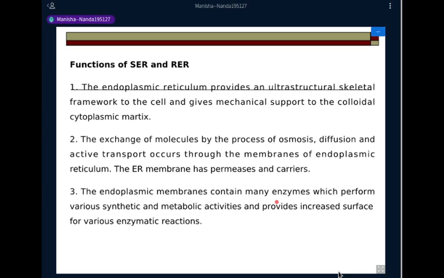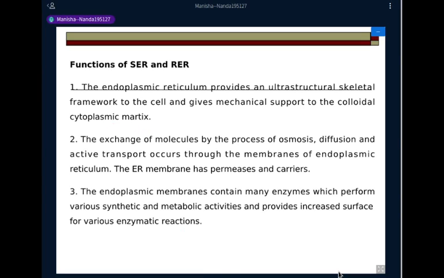Then we must talk of the functions of the smooth endoplasmic reticulum and the rough endoplasmic reticulum, the common functions and the differences that we have already talked of. So the endoplasmic reticulum provides an ultrastructural skeletal framework to the cell and gives mechanical support to the colloidal cytoplasmic matrix.